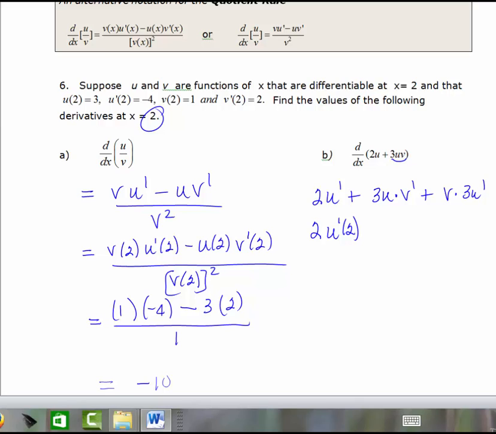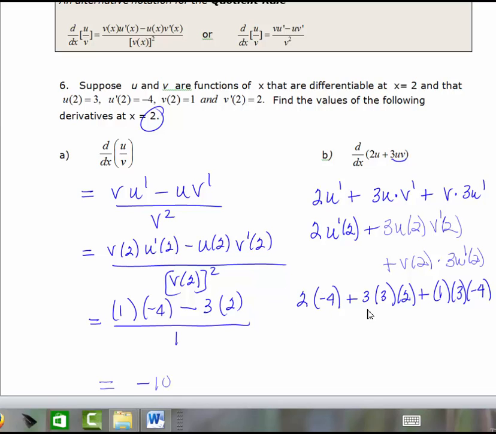So 2u prime of 2, plus 3u of 2 times v prime of 2, plus v of 2 times 3u prime of 2. And so we'll fill in all the values.